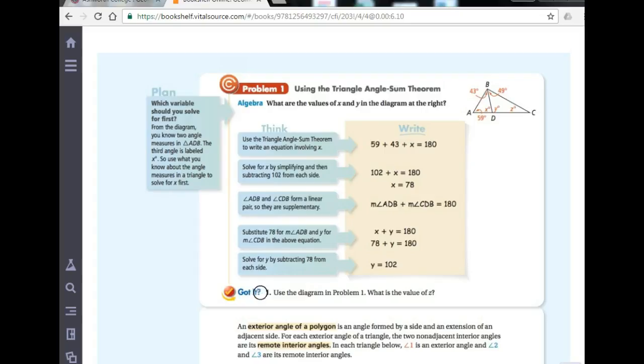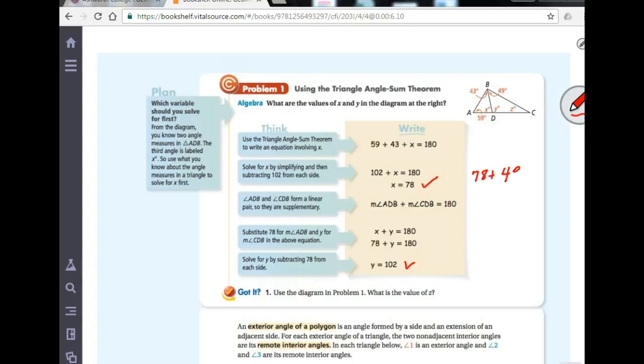Now, in the got it section, it says look at that same problem and let's find the value of z. So again, we have to understand that if we know that x was 78 here and that y was 102 here, then we can simply add those two together and then subtract that from 180, because really it's 78 plus 49.